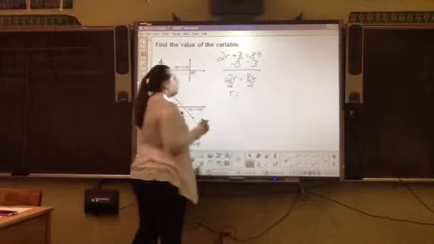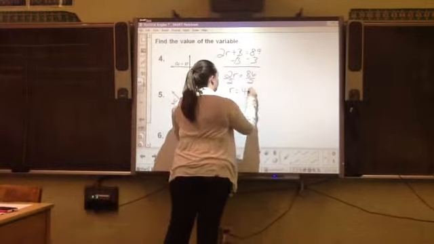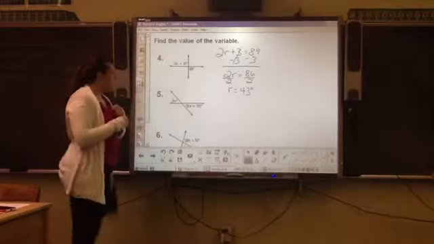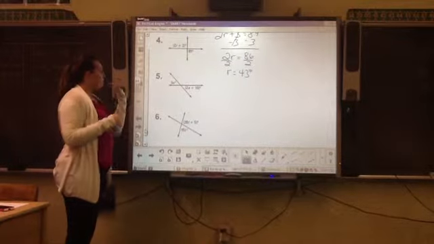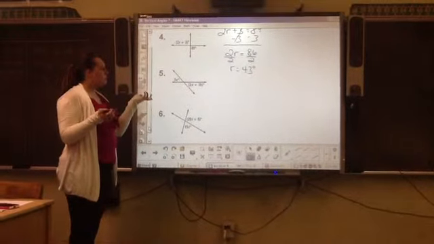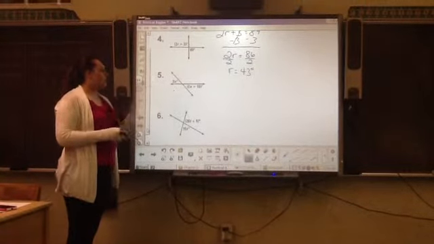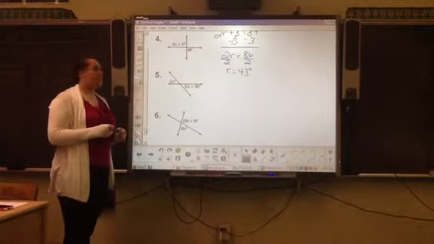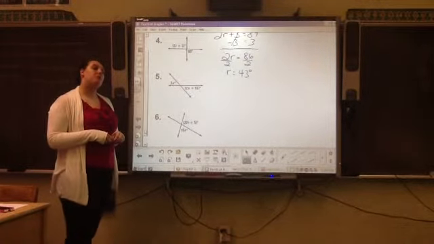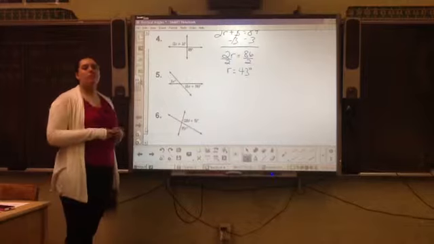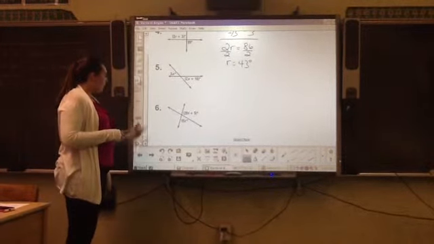Therefore, r equals 43 degrees. Now, since we had 2 examples of our vertical angles, as you can see, number 5 gives you vertical angles again. So, I'm going to let you do that at home on your own and comment to see what answer you get. And let's move on to actually number 6.